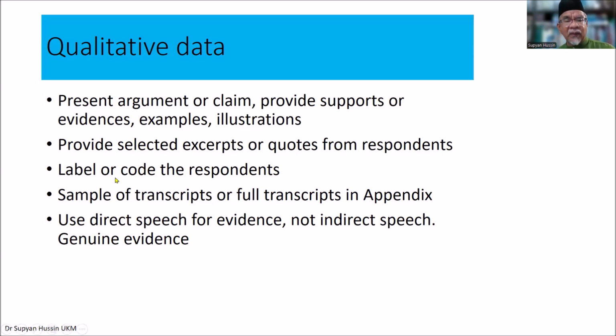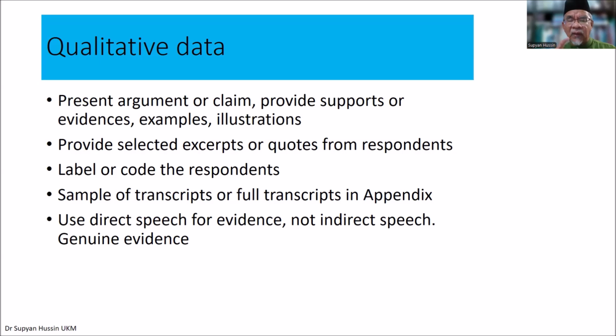So next, you probably do interviews, do document analysis. So then you got the respondents' responses. Okay, so you have a transcript, then you select a certain excerpt and put it into your data analysis to support your argument for research question 1 or 2 or 3. So make sure you label and quote the respondent. Say, for example, if the respondent is a teacher, you put T1, T2, all right?